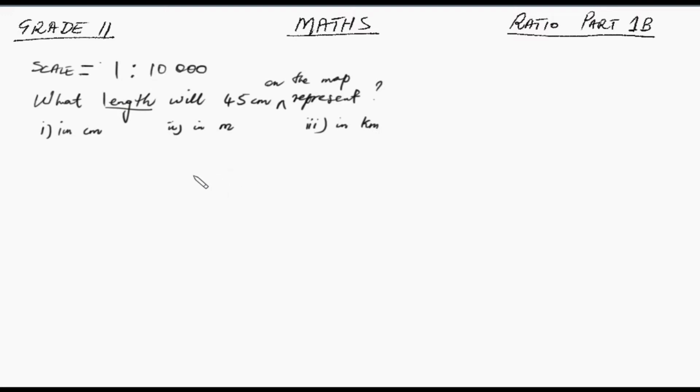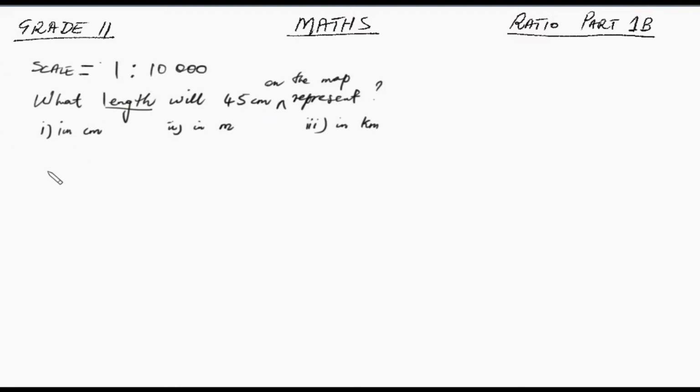Now how do you approach this type of question? They want you to find the actual distance in centimeters, in meters, and in kilometers, but they have given you the distance on the map in centimeters. Always start from the ratio.